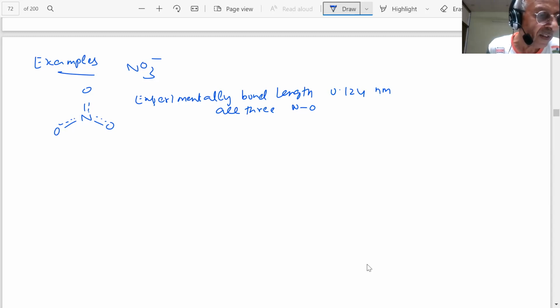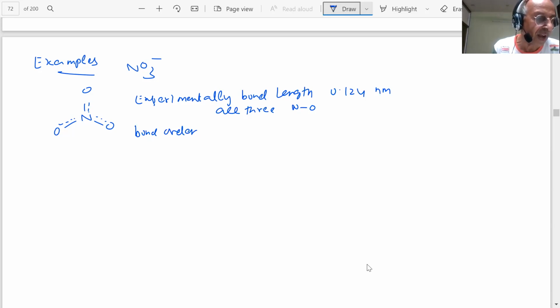The bond order of nitrogen-oxygen in NO2 minus is 1.5. So what is the bond order in this case, students? You have 1 plus 1 plus 1, there are 3 bonds, and 1 bond which is distributed over 3 atoms.